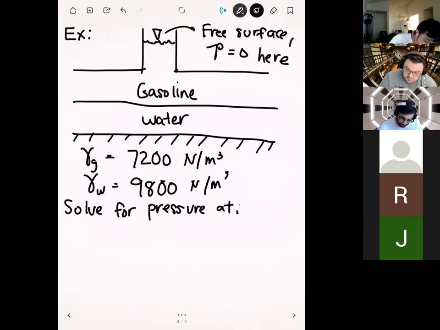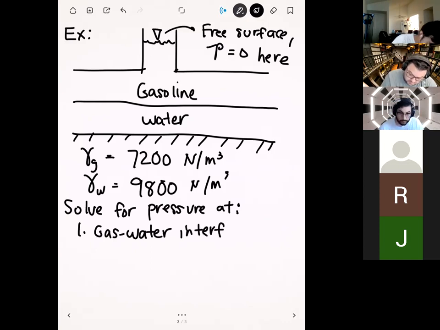In this problem, what we're interested in is solving for the pressure. First of all, we want to solve for the pressure at the interface between gasoline and water. And then two, we want to solve for the pressure at the bottom of the tank.